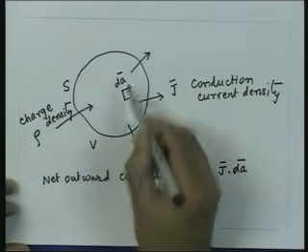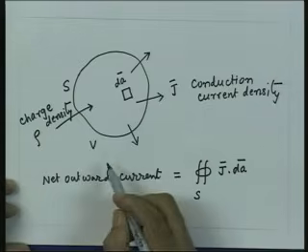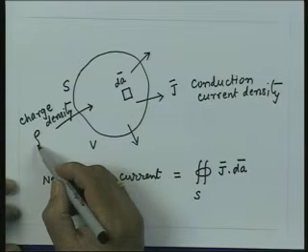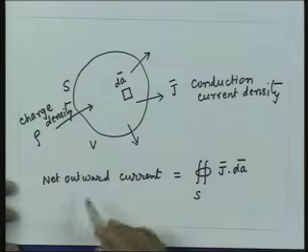So, if I have the charge density rho, then the total charge enclosed by this surface will be the integral of rho over the volume.